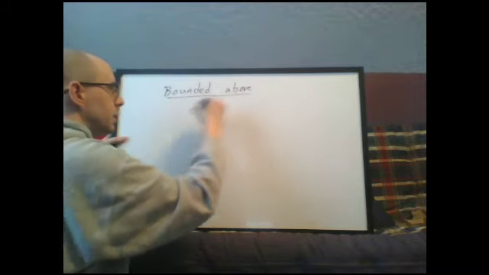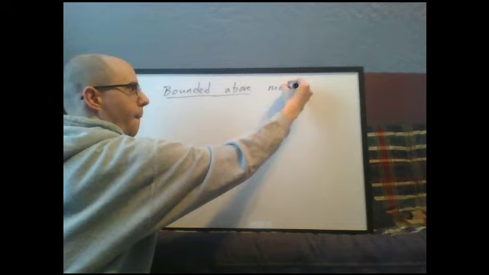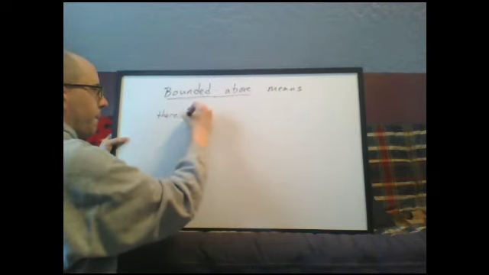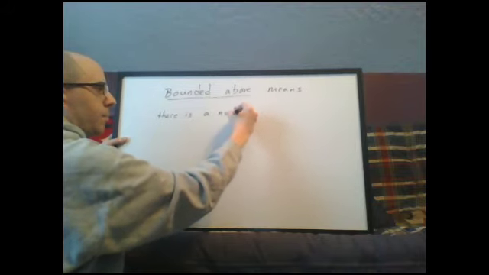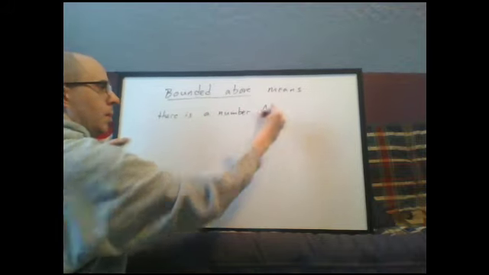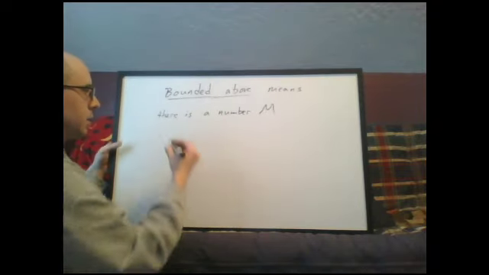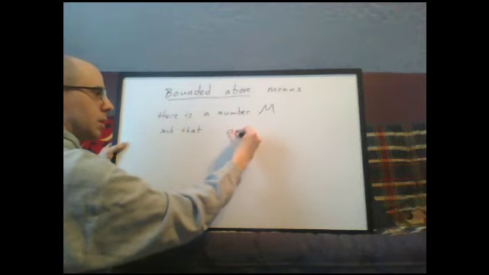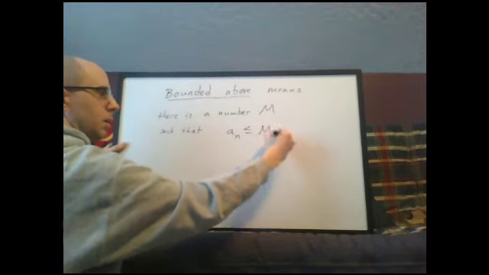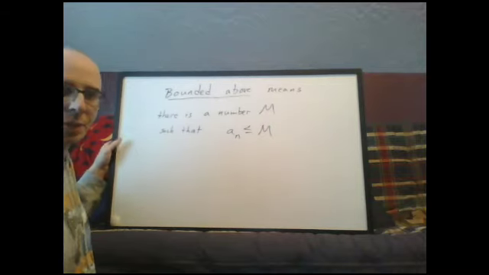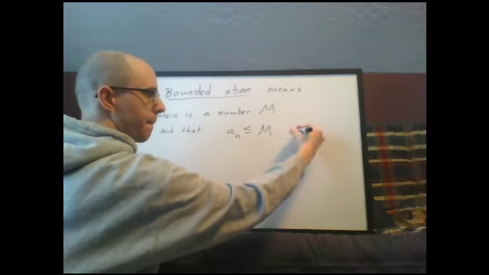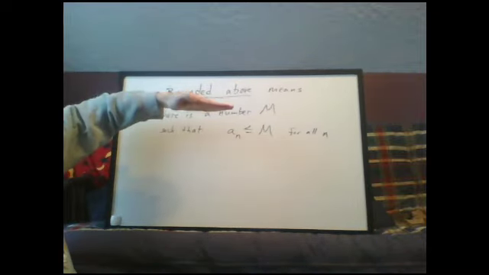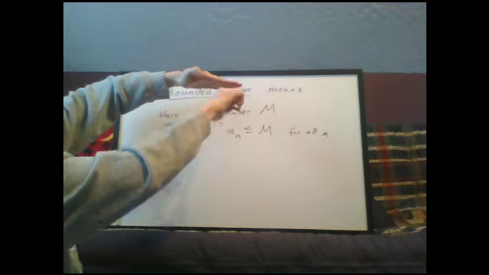Bounded above means there is a number M such that our sequence a_n is always less than or equal to that number M. So there's a ceiling for our sequence. Our sequence never gets above that ceiling.